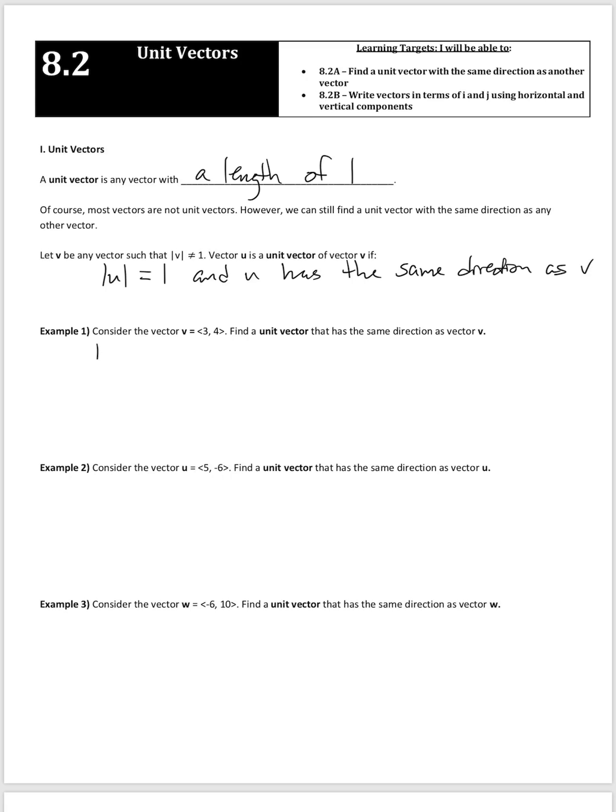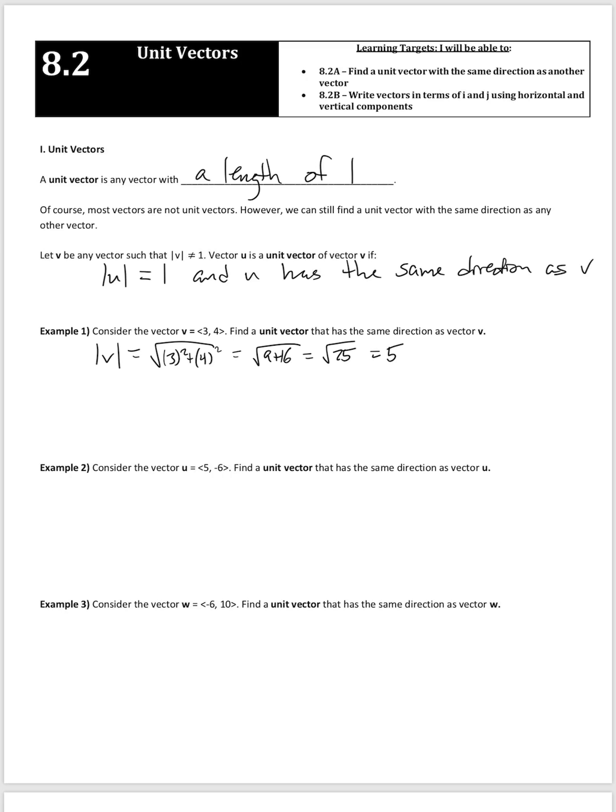So we need to start by finding the magnitude of vector v. So magnitude, Pythagorean theorem, that's 3 squared plus 4 squared. Square root of 9 plus 16, square root of 25, 5.